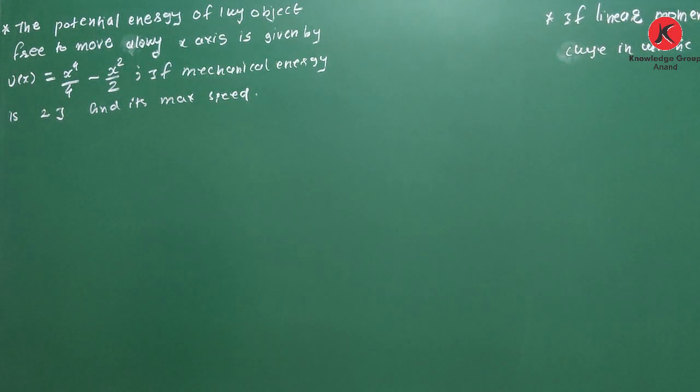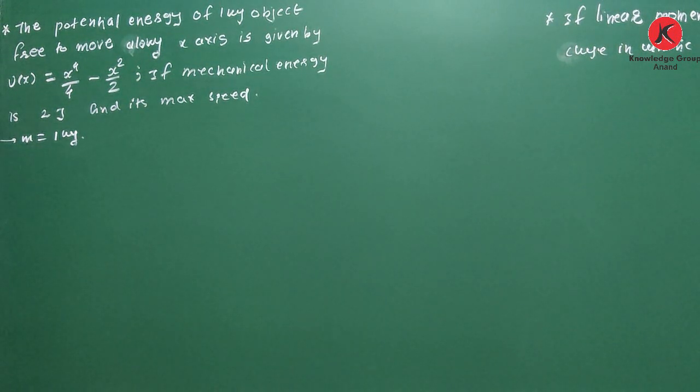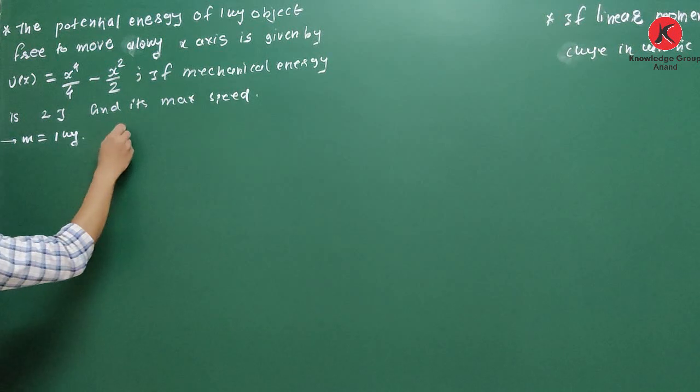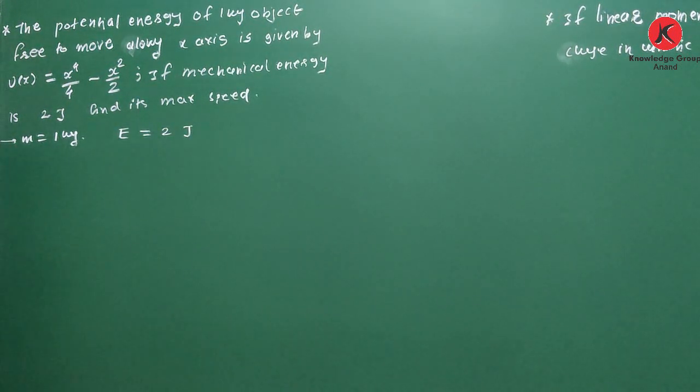See how to solve this question. The mass is given as 1 kg, U of x is the potential energy, and the mechanical energy E is equal to 2 joule. Then find its maximum speed.